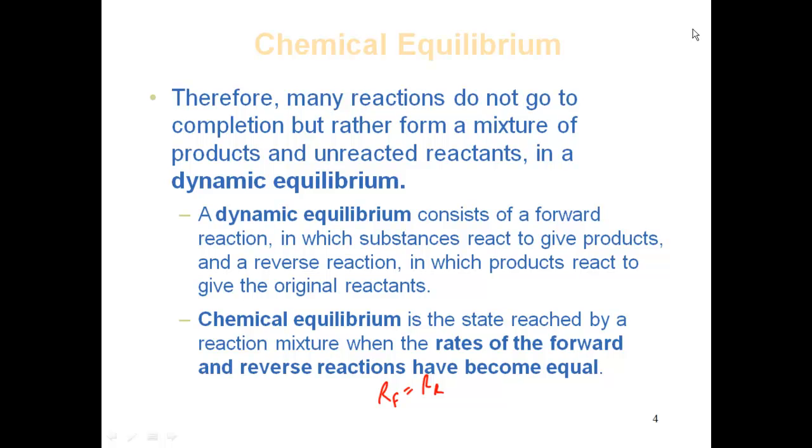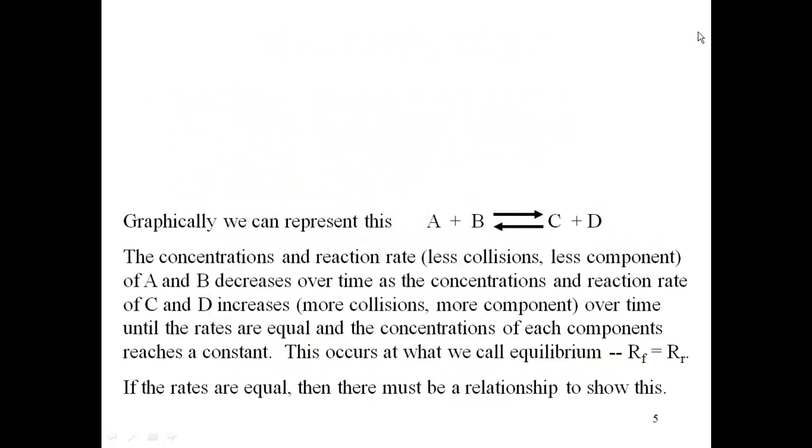Now we can show this graphically. Say I have a reaction of A plus B gives me C plus D. I can write a graph, but basically I have my concentration on my y-axis and time on my x-axis.